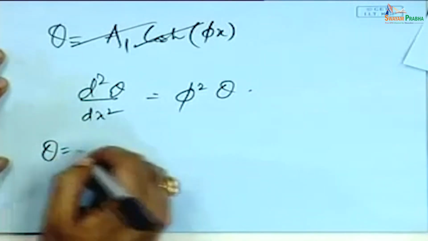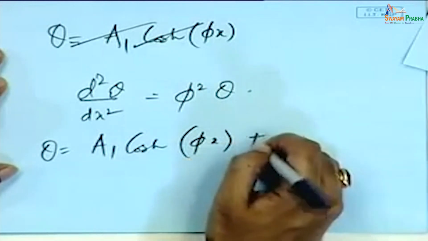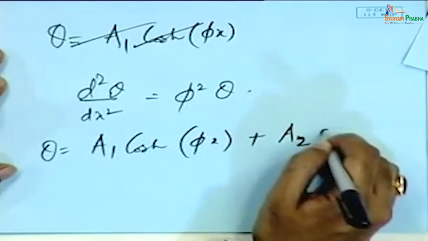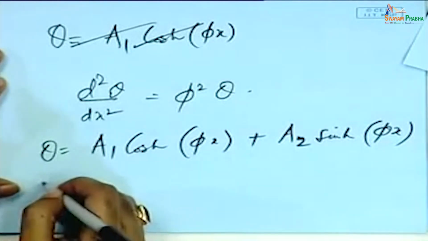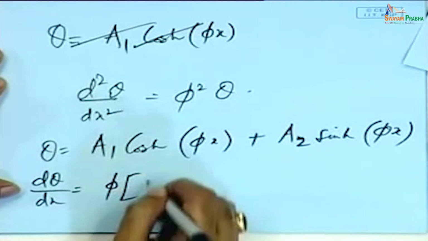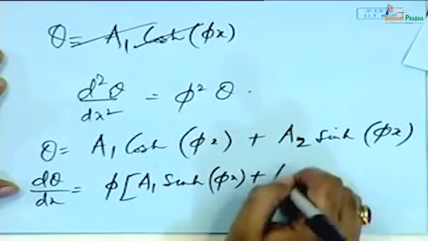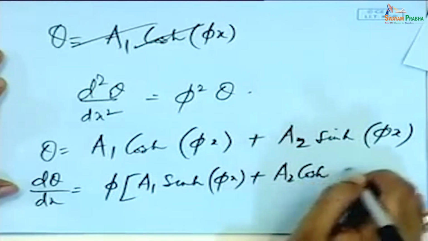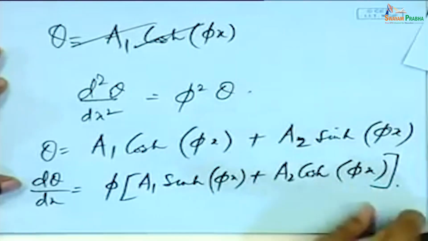So, the solution is theta equals a1 cosine hyperbolic phi x plus a2 sine hyperbolic phi x, right? So, del theta del x equals phi times a1 sine hyperbolic phi x plus a2 cosine hyperbolic phi x, right?